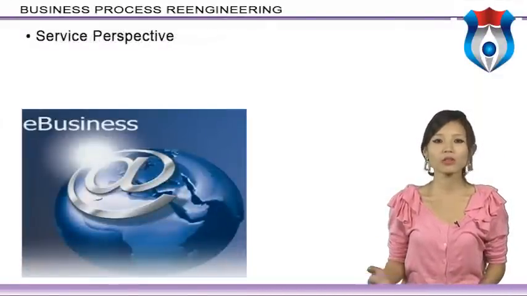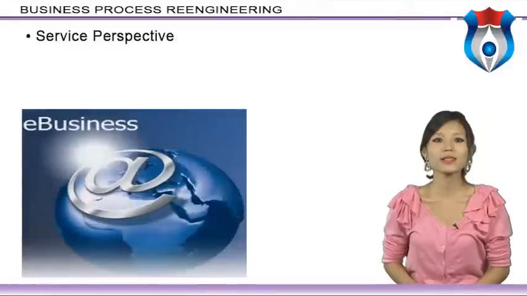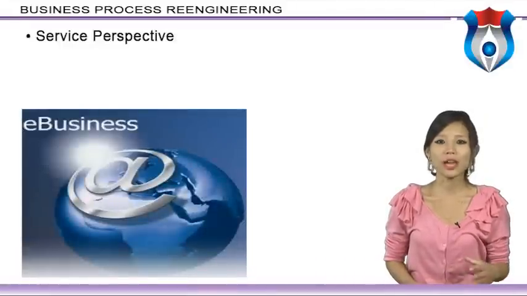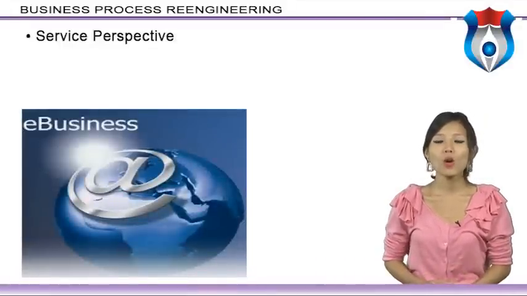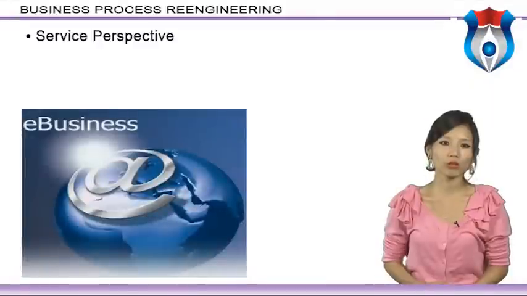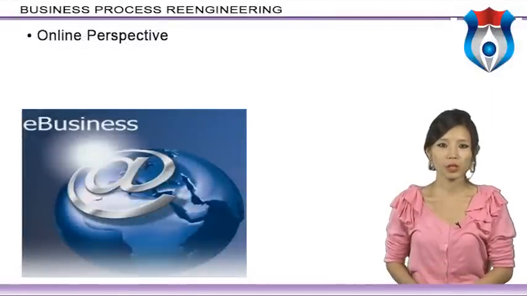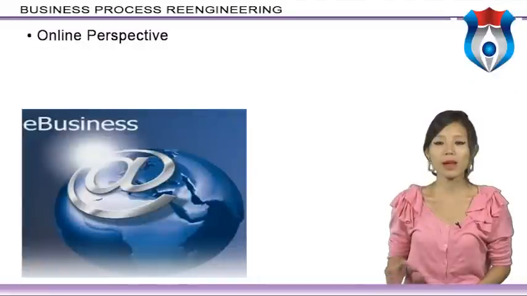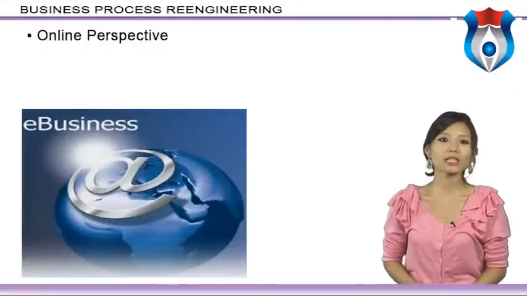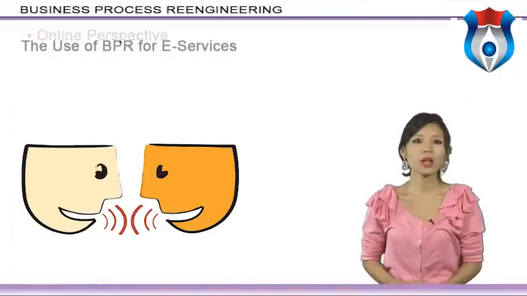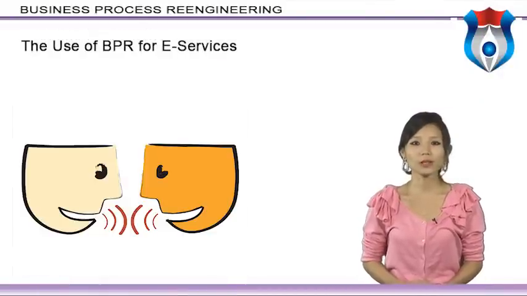Service perspective: the EC is a tool that addresses the desire of firms, consumers and management to cut service costs while improving the quality of goods and increasing the speed of service delivery. And online perspective: the EC provides the capacity to buy and sell products and information on the internet as well as other online services.